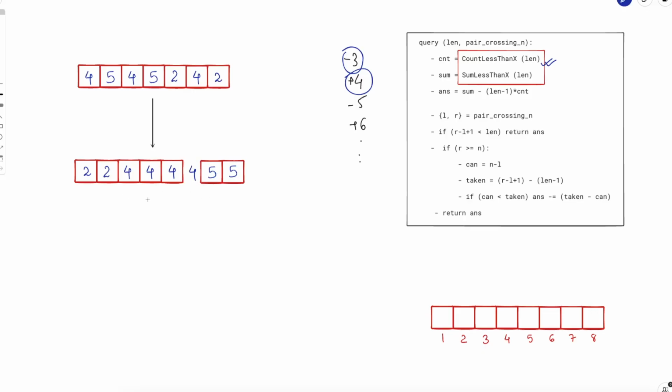You can maintain the sorted order using a set, but then your prefix sum would be affected, because previously the prefix sum was on this 5 and 5, but now there is a 4 in between. So the prefix sum for everything after 4 would change, and that is something you can't afford, because changing the prefix sum would mean order n time, right? So you need to make this efficient.